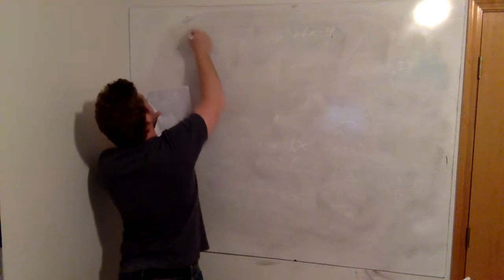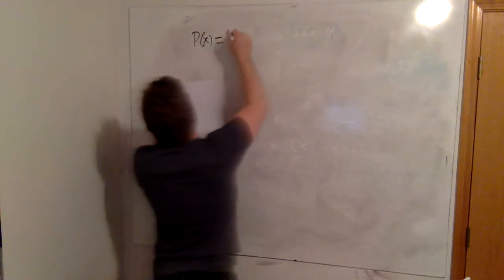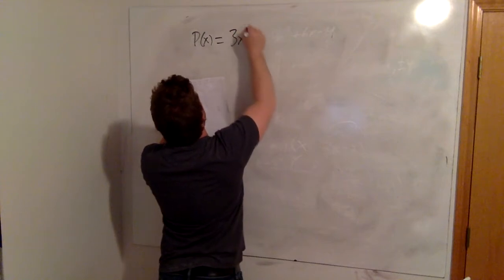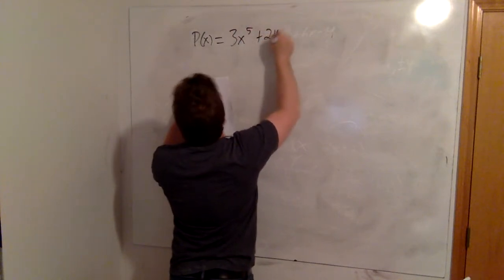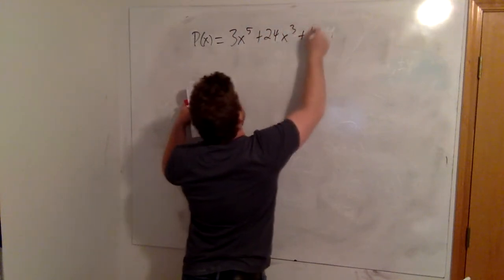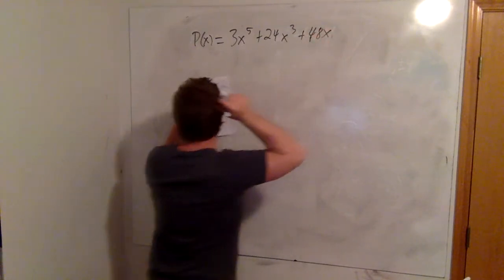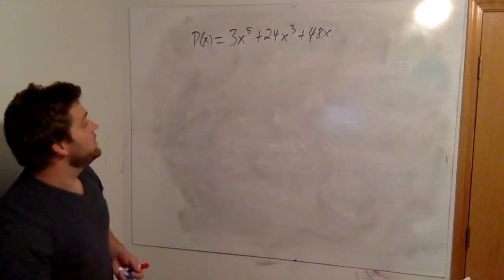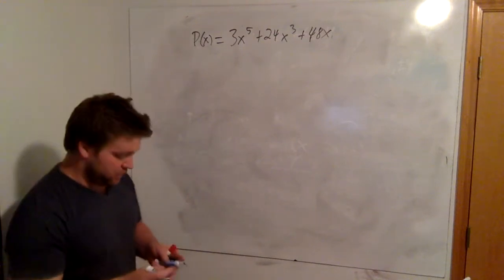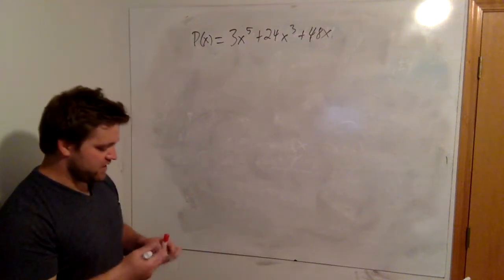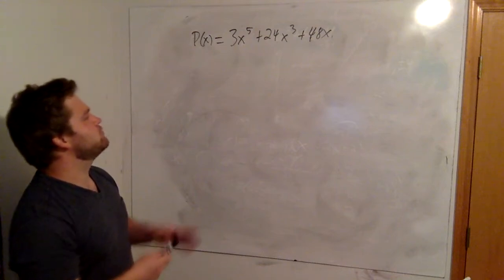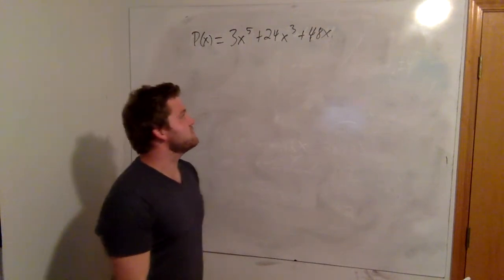Let's try p of x. P of x is equal to, how about 3x to the 5th plus 24x cubed plus 48x. Okay. Go ahead and pause the video and try to find the roots of this polynomial, and use the fundamental theorem to write this as the product of linear factors.